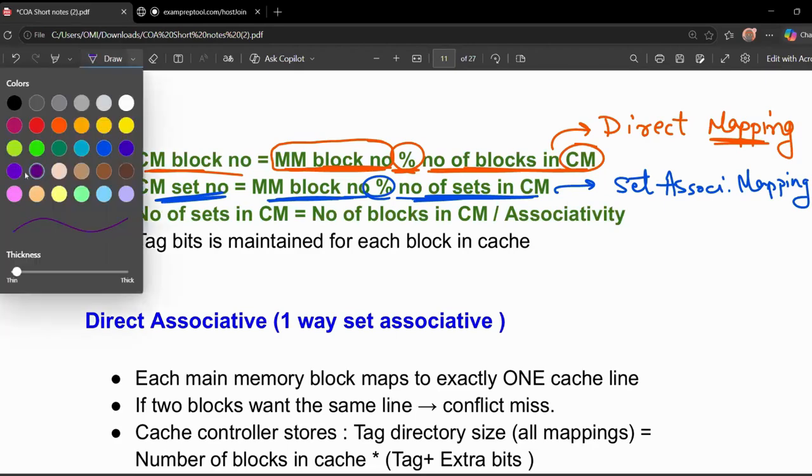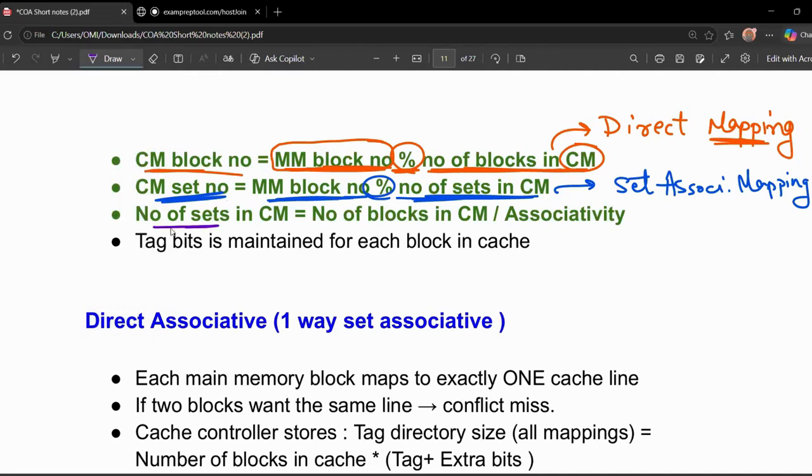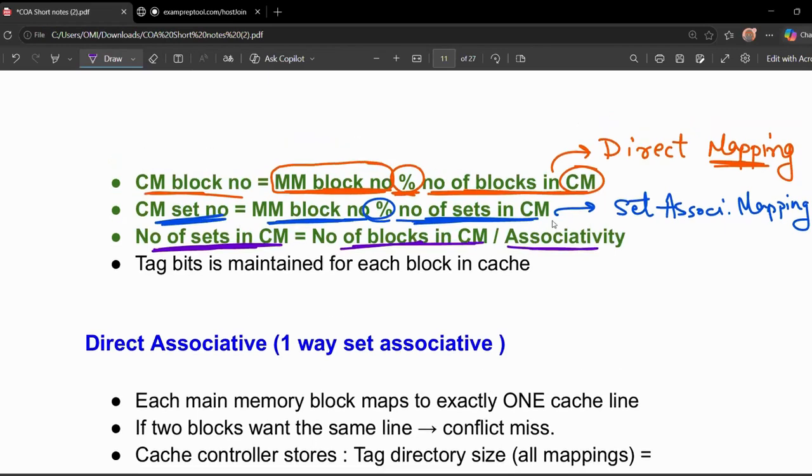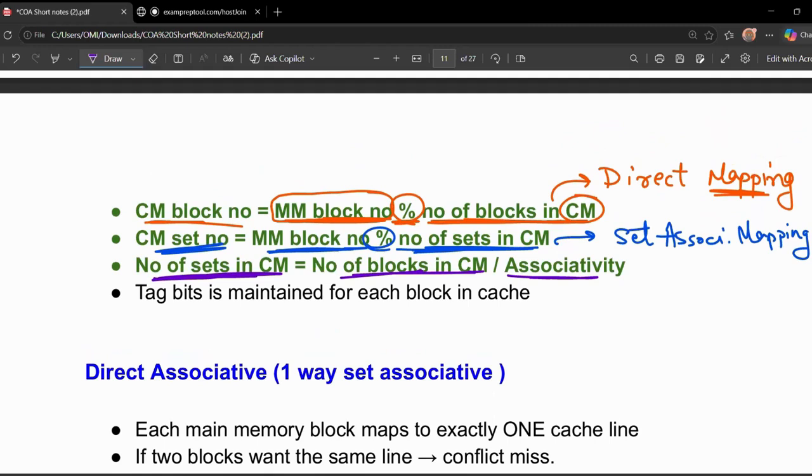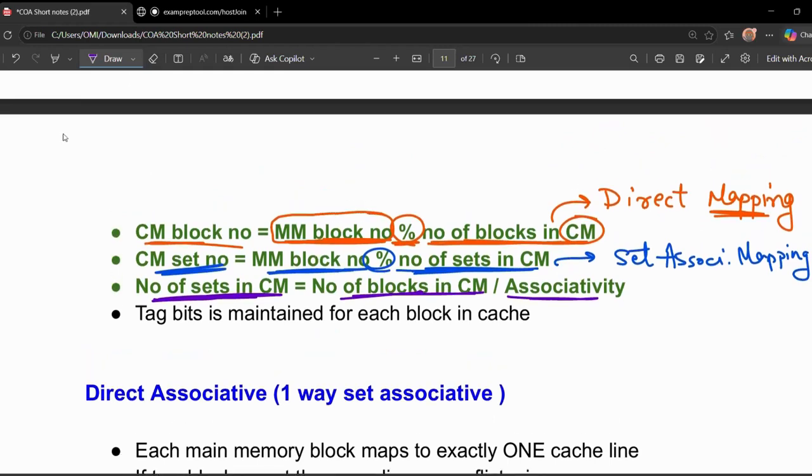Next point: if someone asks for the number of sets in the cache memory, how can you find it? In a simple way: number of blocks divided by associativity. For example, if you are given two-way associative, what does it mean? One set will have two blocks or two lines.